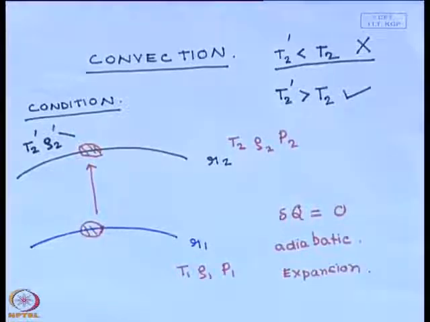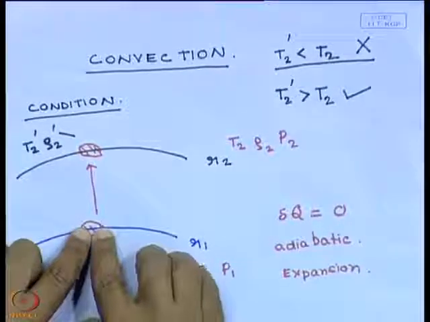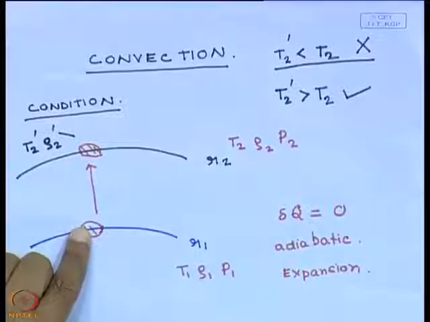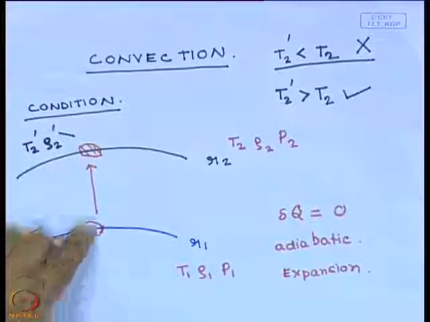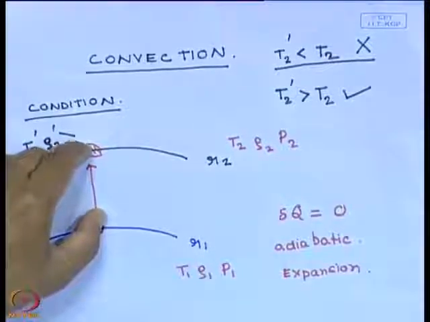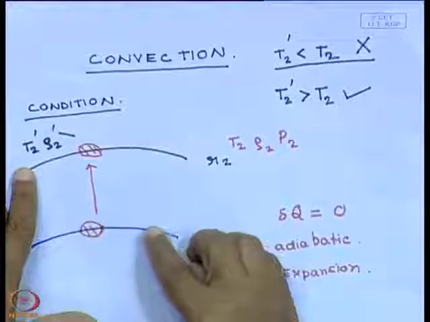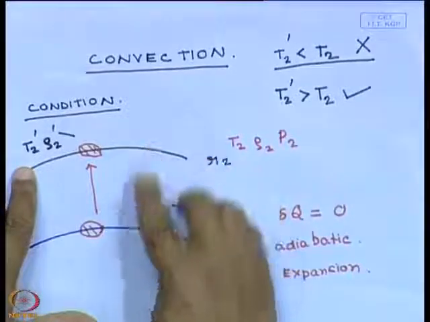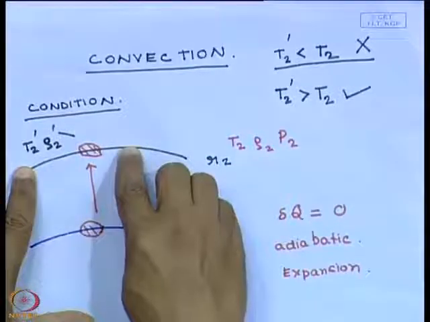Let me remind you again, the important criterion is that if I move the bubble from here to here, the temperature of the bubble should be higher than the temperature of the ambient medium surrounding it when I move from here to here.